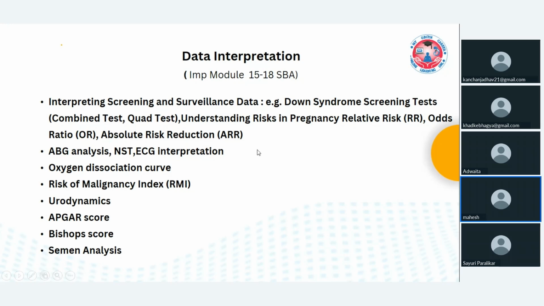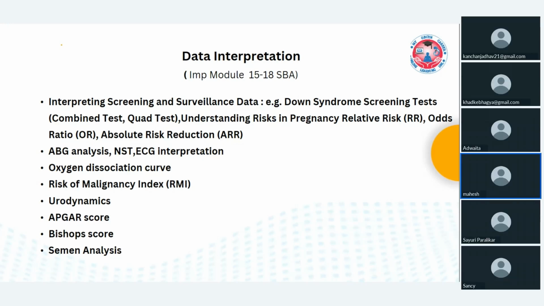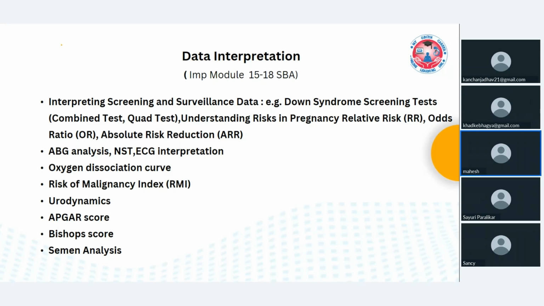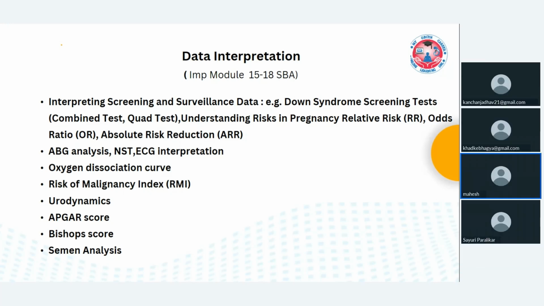So here, interpreting screening and surveillance data, such as Down syndrome screening tests, like the combined test or quadruple test, understanding risk in pregnancy, that is relative risk, odds ratio, absolute risk reduction, ABG analysis, NST, ECG interpretation, then oxygen dissociation curve, calculation of the RMI, risk of malignancy index, then partograph, Apgar score, Bishop score, semen analysis. So these are the various topics they are expecting in data interpretation.